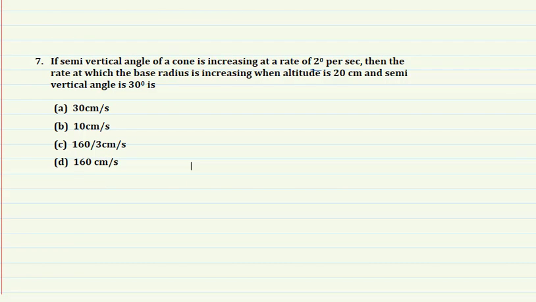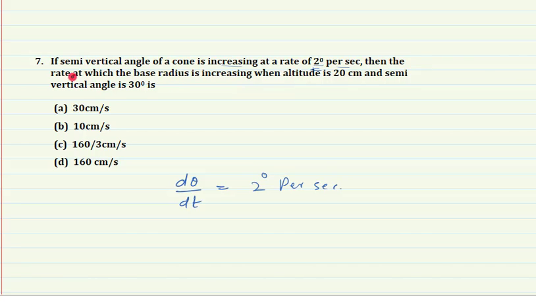So here in this question, the semi-vertical angle of a cone is increasing at a rate of 2 degree per second. Let us suppose theta is the semi-vertical angle which is increasing at a rate of 2 degree per second. So clearly d theta upon dt is given to you as 2 degree per second.